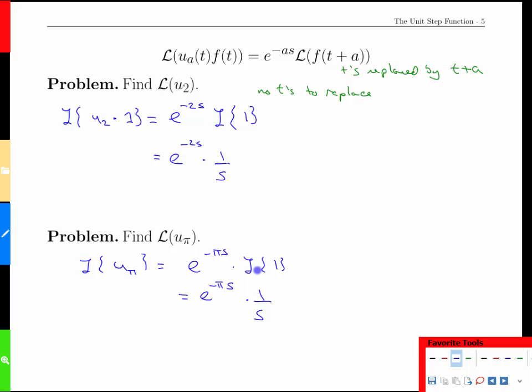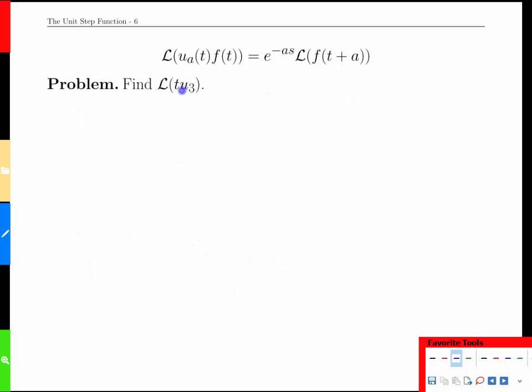Let's take a look at one that actually has a time value in it. Here we have the transform of t times u3. Just as a quick sense of what that graph would look like, remember that u is equal to 0 up to time 3. So we would have a flat line for a while up to exactly time 3. And then after that, we would be multiplying t by 1.